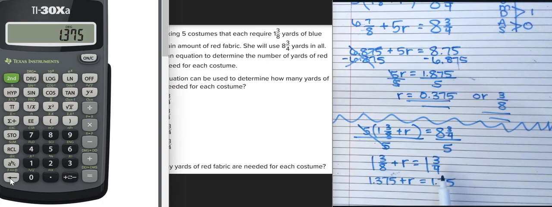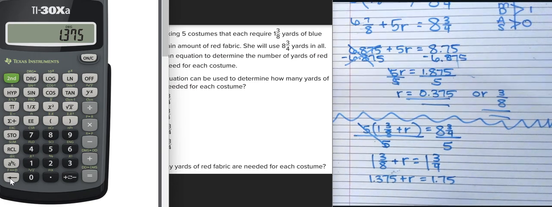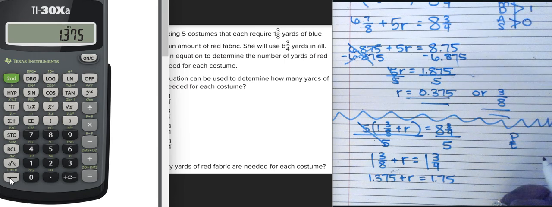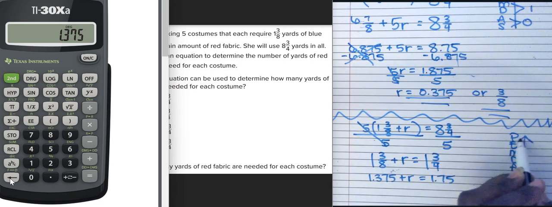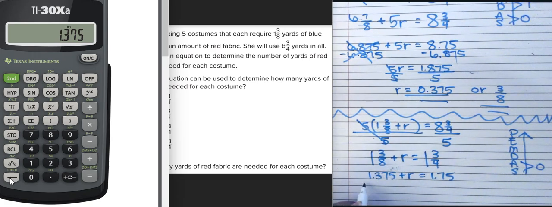Again, you should know your quarters by now, so 3/4 is 0.75. All right, is our variable by itself? No, it's not, because we are adding 1.375. So remember, I'm going to still use PEMDAS, but in reverse order. And of course, if you're adding or subtracting, you want the value on the side with the variable to become a 0.